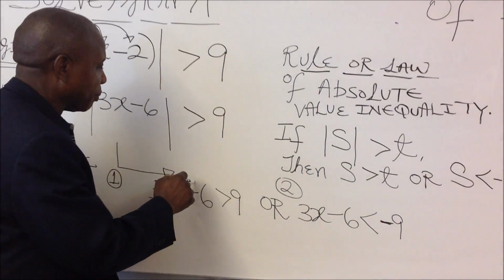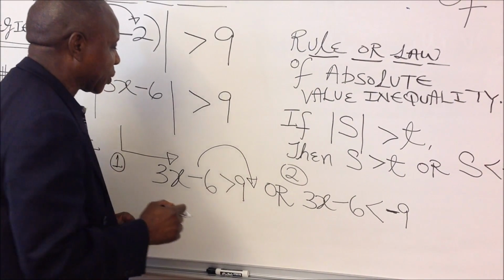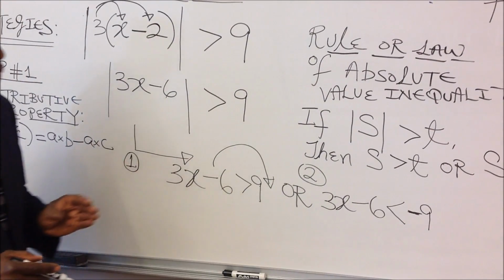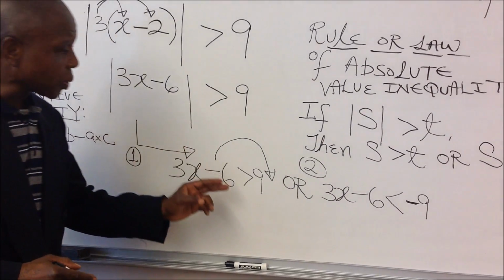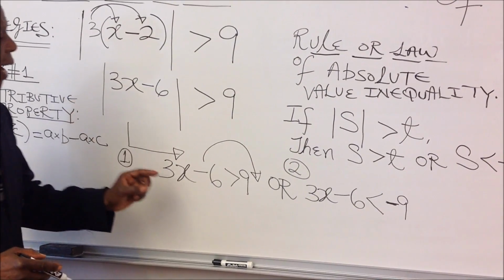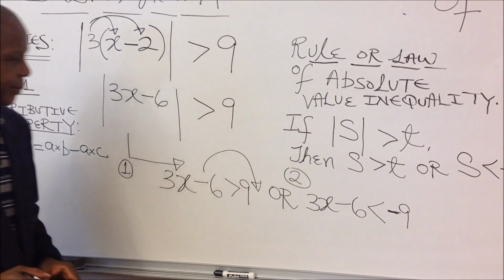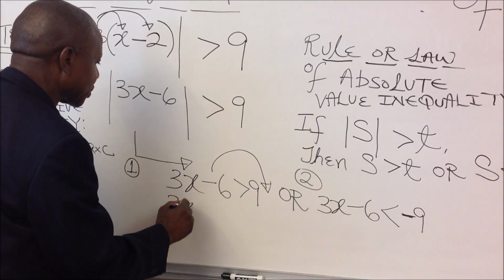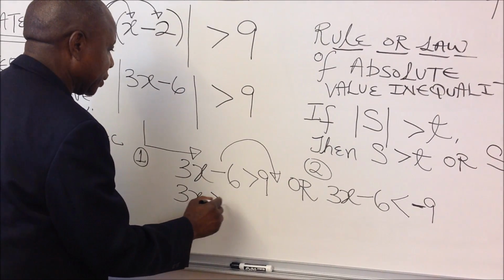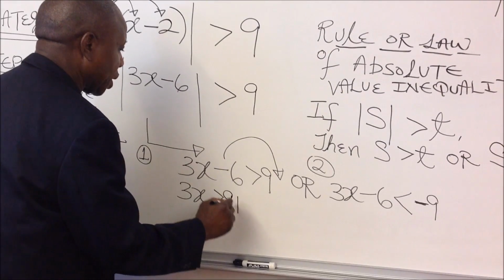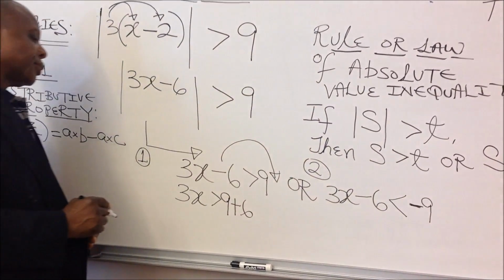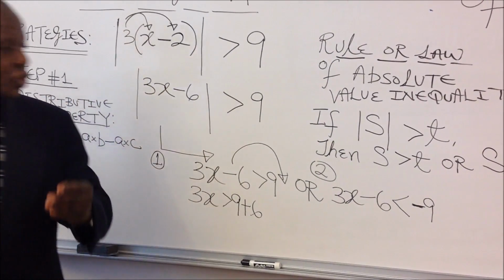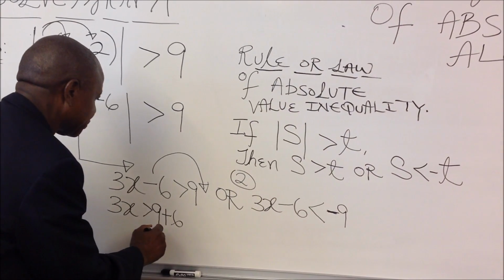Remember that whenever we move any quantity across the inequality sign, the sign of that quantity must change. So the problem now becomes 3x is greater than 9 plus 6. So what is 9 plus 6? 9 plus 6, of course, is 15.